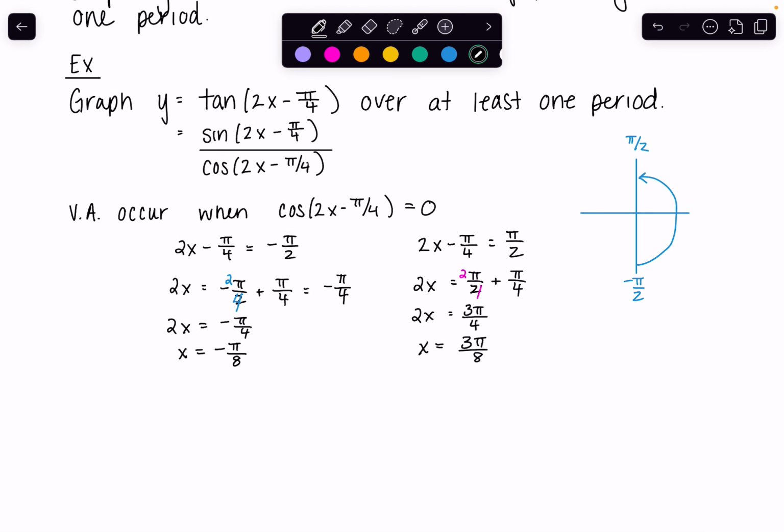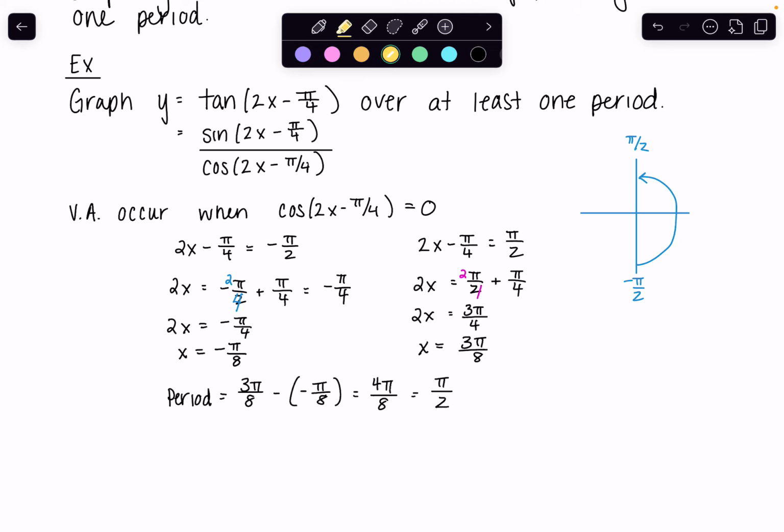Okay. So if you need the length of the period, remember it's just the difference in these two, because that's where the vertical asymptote starts, and that's immediately your next asymptote. So your period is just the difference between these two values. 3 pi over 8 minus negative pi over 8, which turns into plus, so that is 4 pi over 8, which is the same thing as pi over 2. Okay?